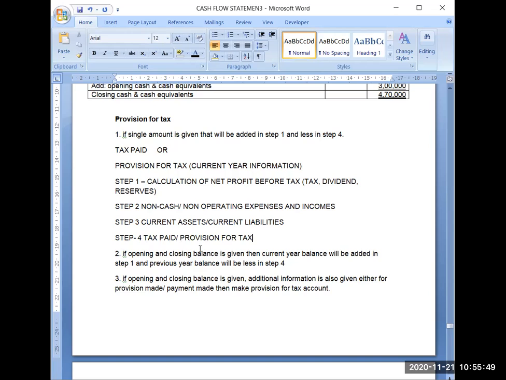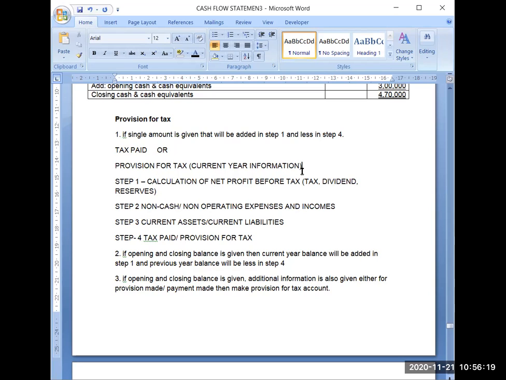Because see, in 1 year, there are 2 events regarding tax. One, you have to make the provision for tax for the current year income that you will be paying the next year. And one is that you have paid the tax for the previous year income. So because question has given us only one information out of these 2, either tax paid information is given or provision for tax information is given.